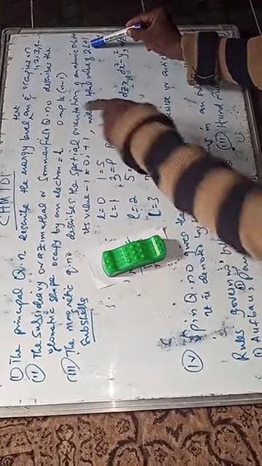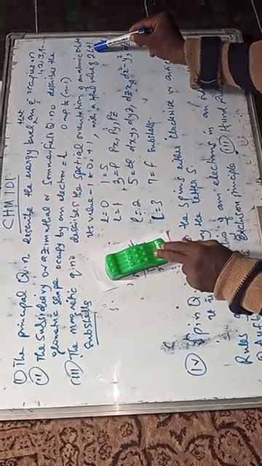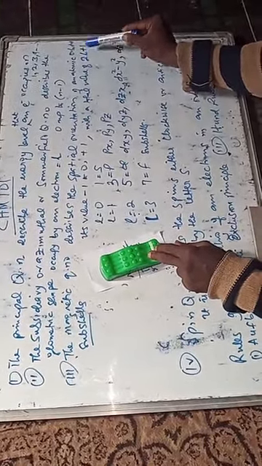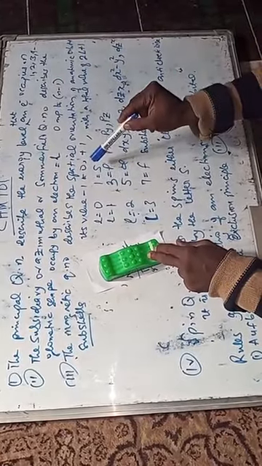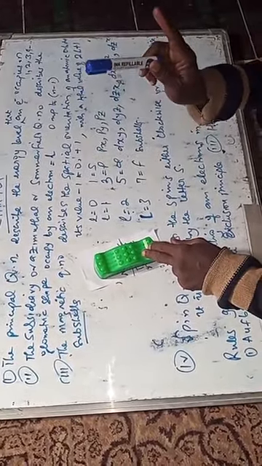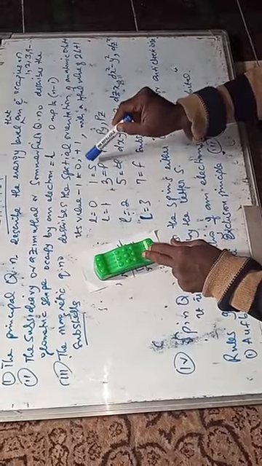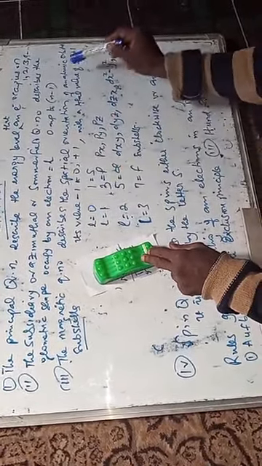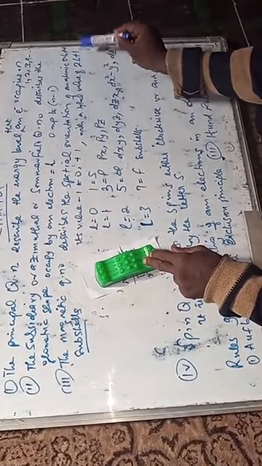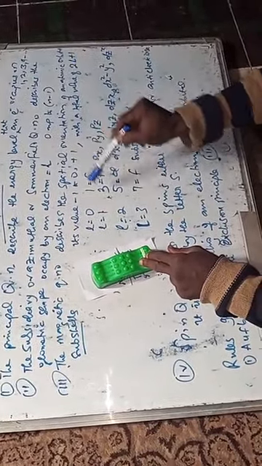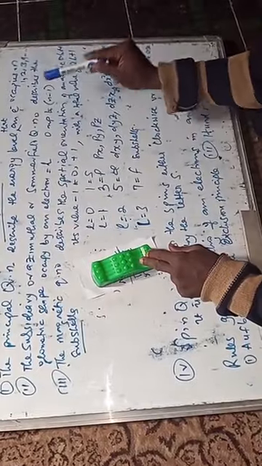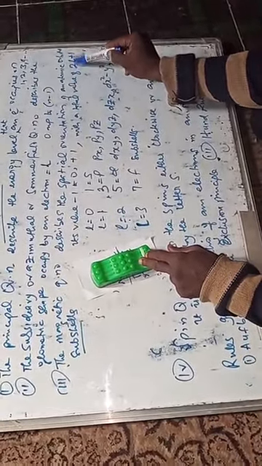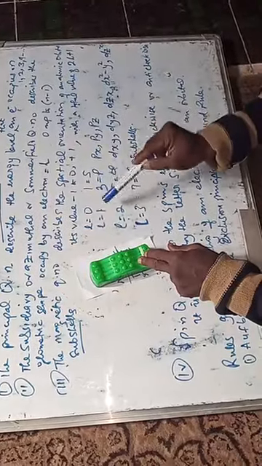If l, the azimuthal quantum number, is equal to 0, it will be 2 times 0, which is 0, plus 1. The solution is 1, and that is equivalent to s. When l, the subsidiary quantum number, is 1, it will be 2 times 1 plus 1, which gives us 3.